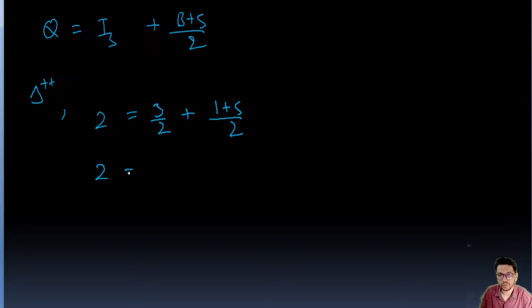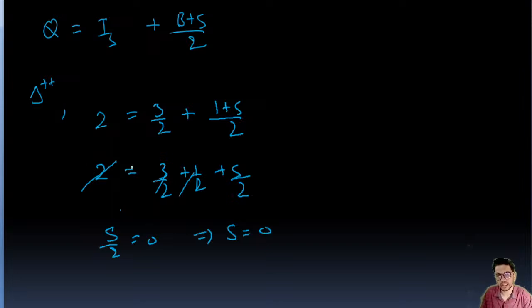So 2 equals 3 by 2 plus 1 by 2 plus S by 2. Here 3 by 2 plus 1 by 2 is 2, which cancels, so S by 2 is 0, which implies S equal to 0. So for delta plus plus, strangeness is 0, guys. Similarly, you can find it for delta plus, delta naught, and delta minus.